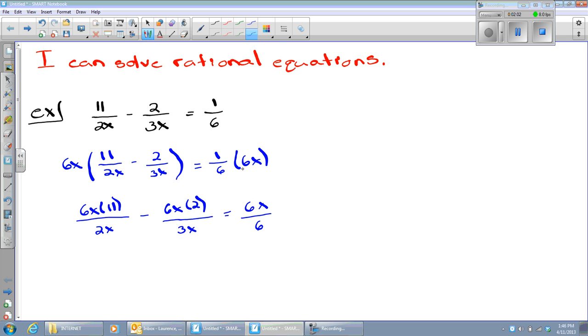All I did was move that 6x to the numerator. Okay, now I can see right now that these 6's will cancel. So we're left with an x on this side.